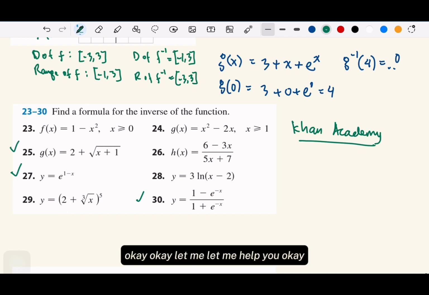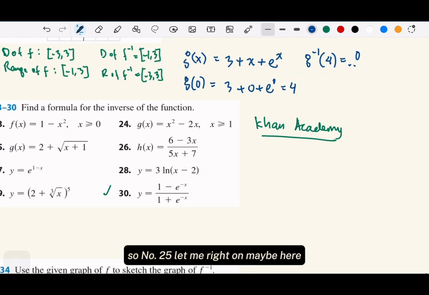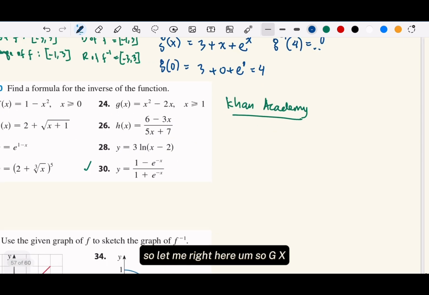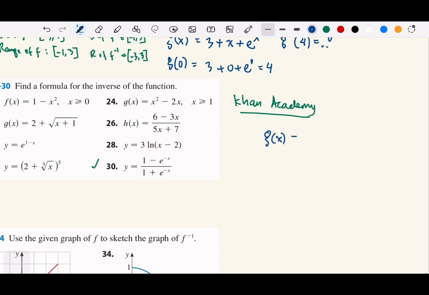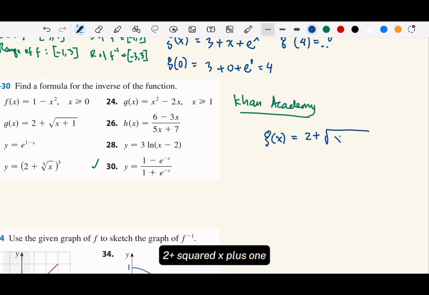Okay, let me help you. So number 25, let me write here. So g(x) = 2 + square root of (x + 1).